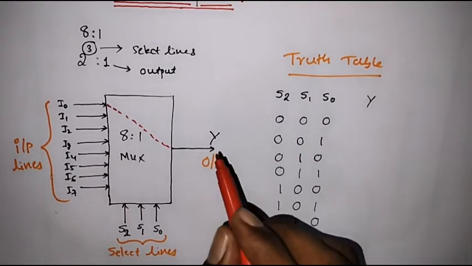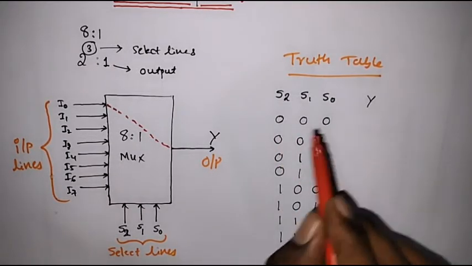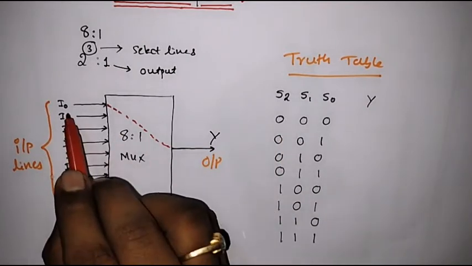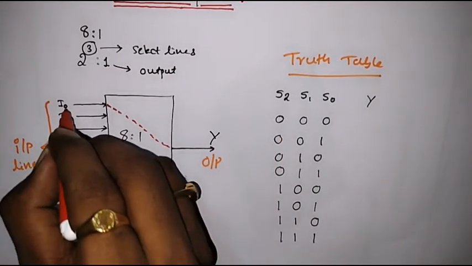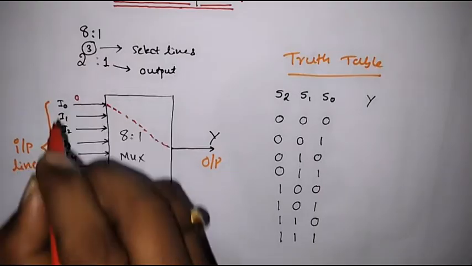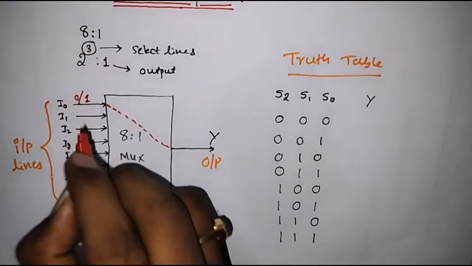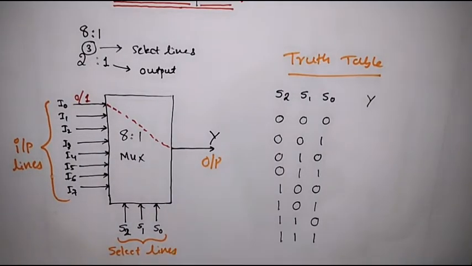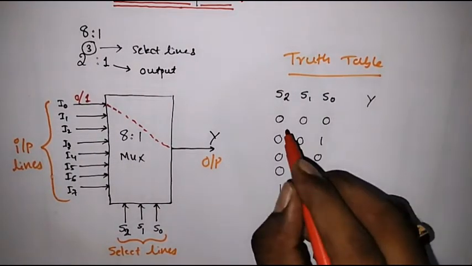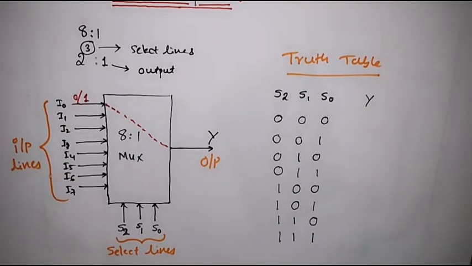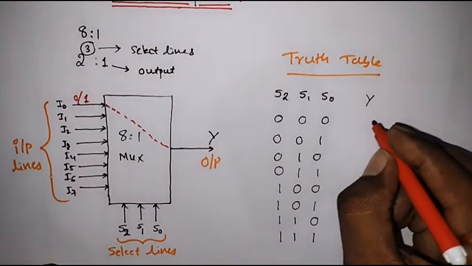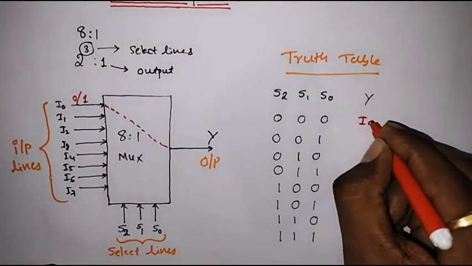So if at the I0 input the data is 0, 0 will be transmitted to output line. If the data is 1, then 1 is transmitted to output line. So now we can say that at 0, 0, 0, output Y is equal to I0.